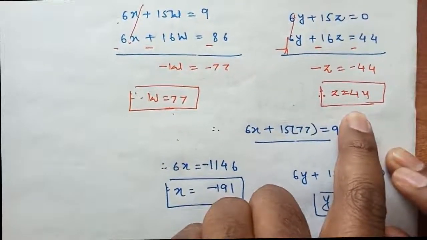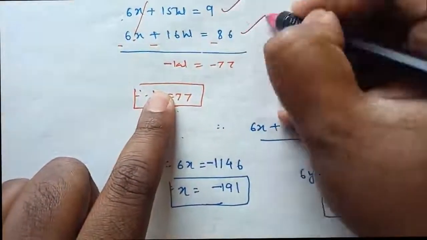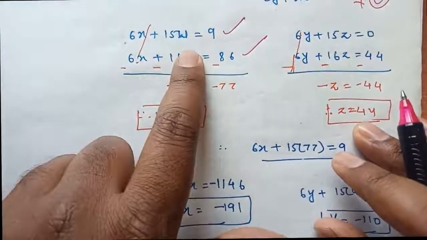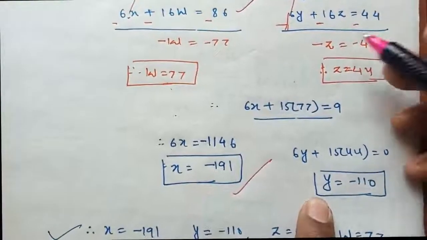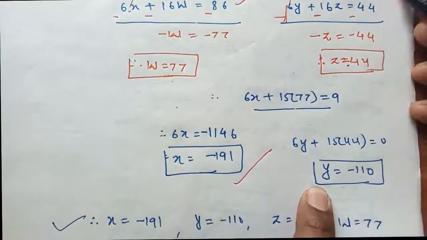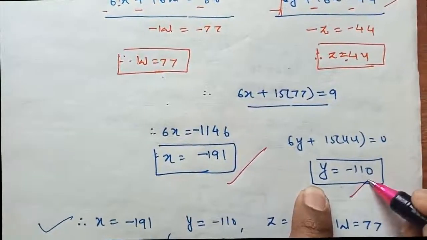I got w and z values here. Now after using the w value, you can substitute it here or here, your choice. After substituting w, we'll get the x value that I got here is minus 191, and same way, after getting the z value, you can substitute in this equation or this equation, that is your choice. After substituting it, you will get the y value.